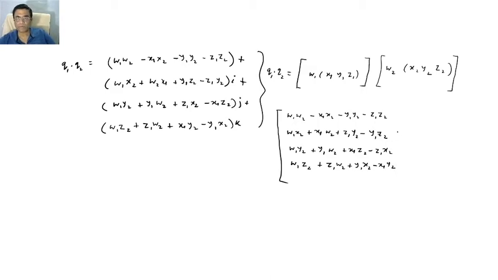Okay, so we are considering they are the imaginary portion, and this is written in the following form. This is a standard form of product of two quaternions.